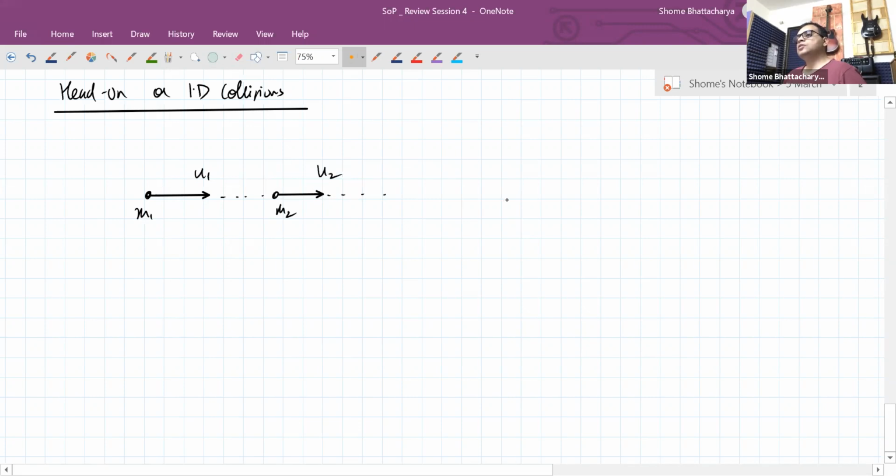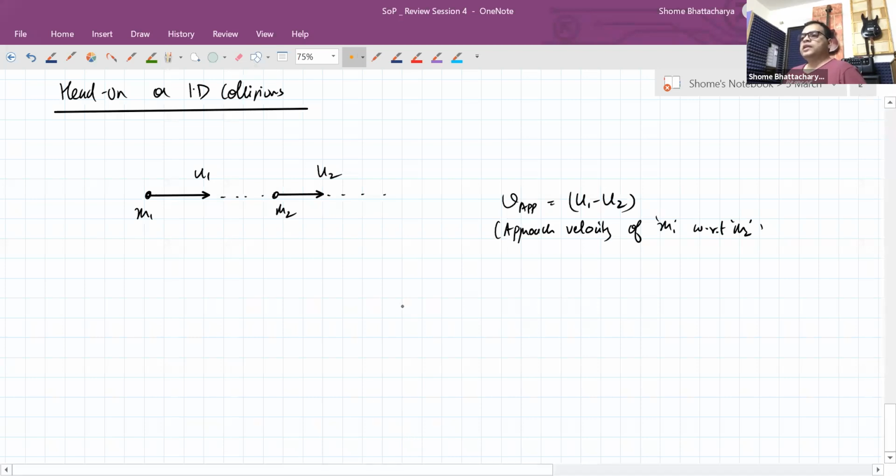Okay. You can see also here the approach velocity, that is the approach velocity of particle m1 with respect to particle m2. m1 is approaching m2 at a certain rate, and that is equal to u1 minus u2.